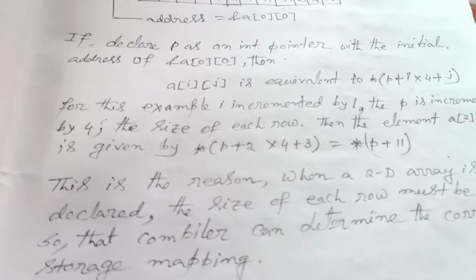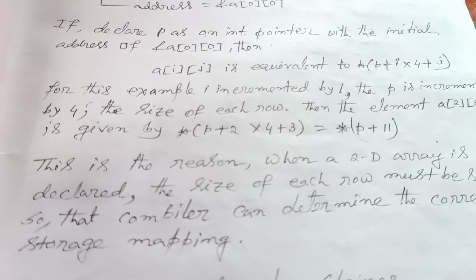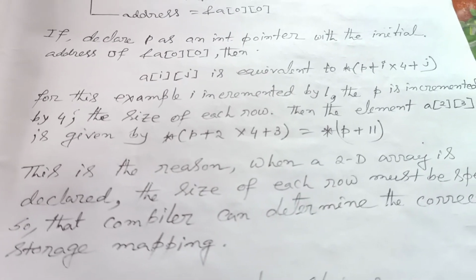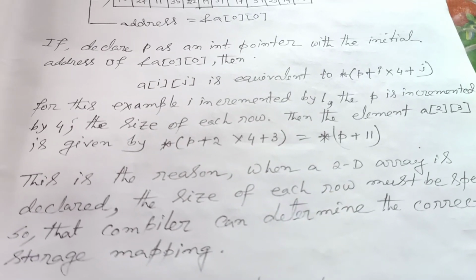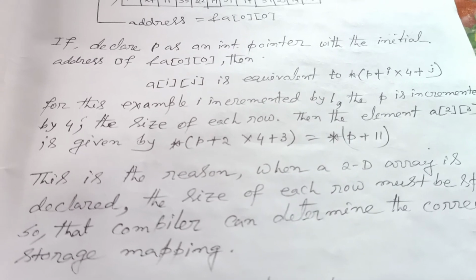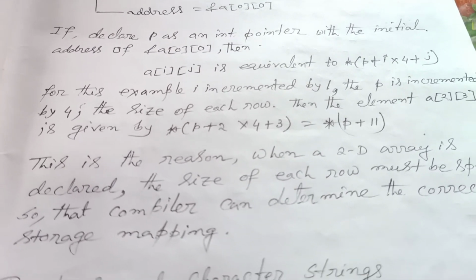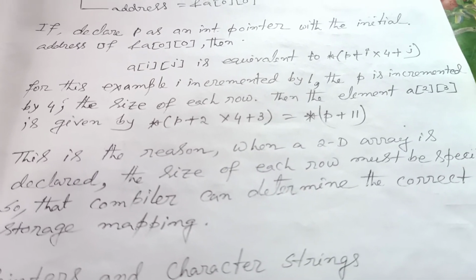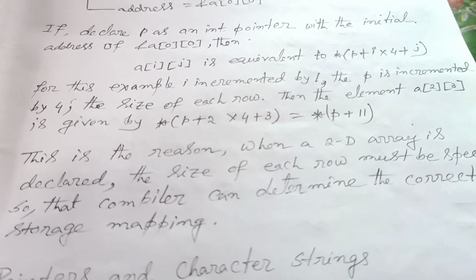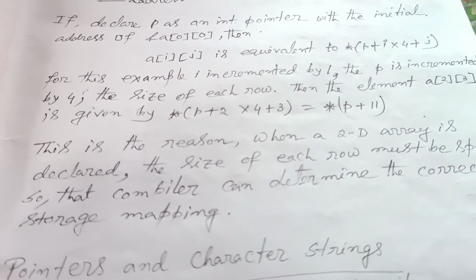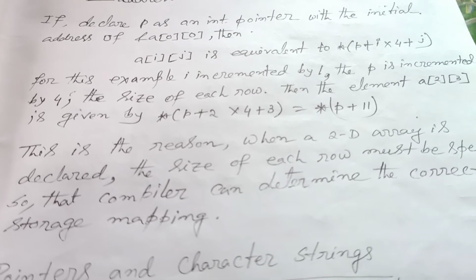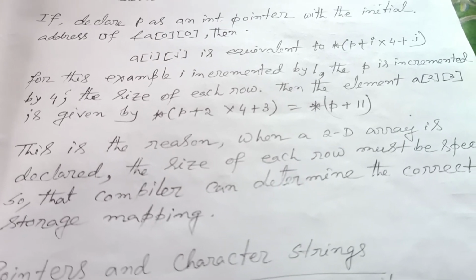Why? For this example, when i is incremented by 1, p is incremented by 4, the size of each row. Then the element A23 is given by pointer p plus 2 into 4 plus 3.